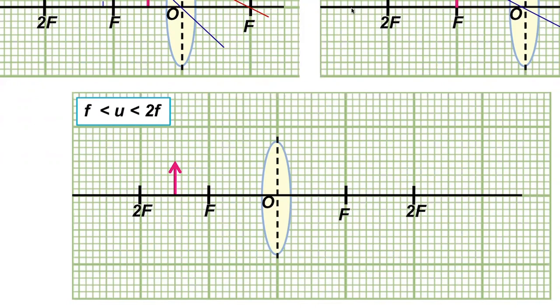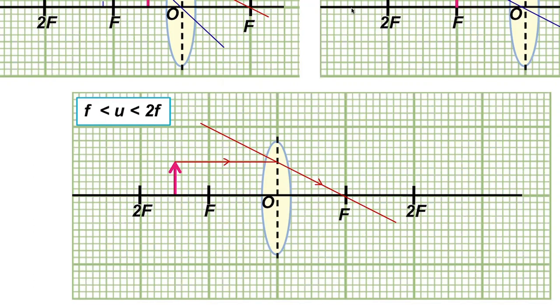Rule number 2 is from the top of the object, and then it will be refracted to F. And then we will do the other rule, the opposite of rule number 2 just now.